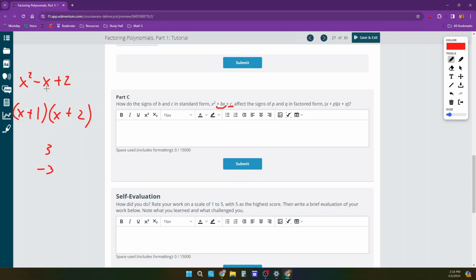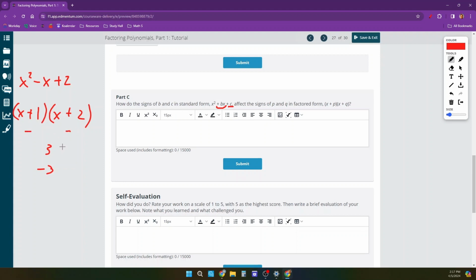So you would not be able to factor this because your signs do not let you get a negative x here.